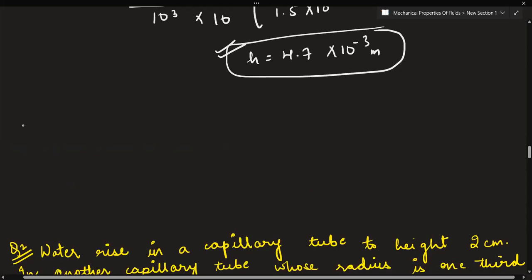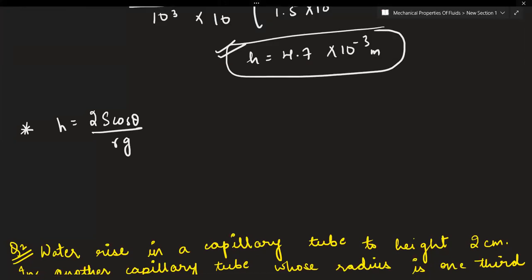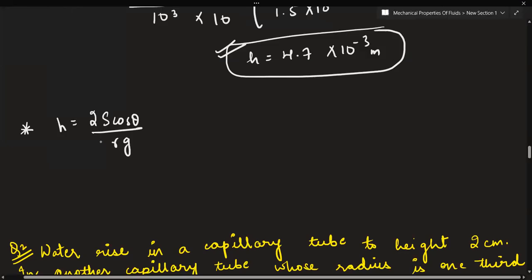See, just note down few points for the understanding of the next question. H is equal to 2s cos theta divided by r rho g, see, not capital R, small r. Now see, 2 is a constant number.